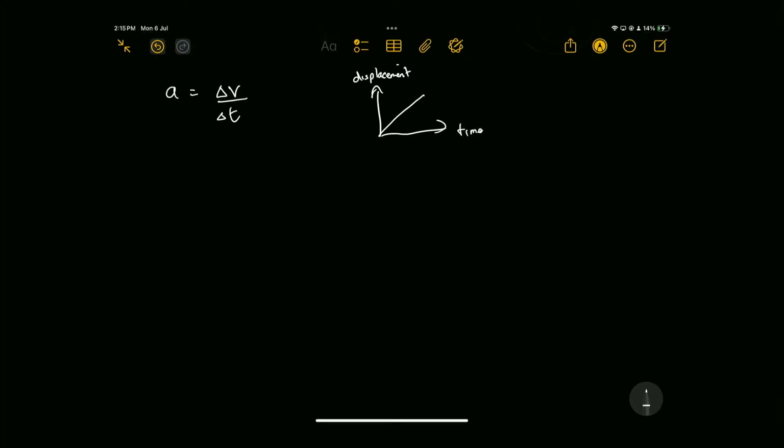Now, how about this graph? How would we describe this graph? What would we say is happening to the ball in this graph?